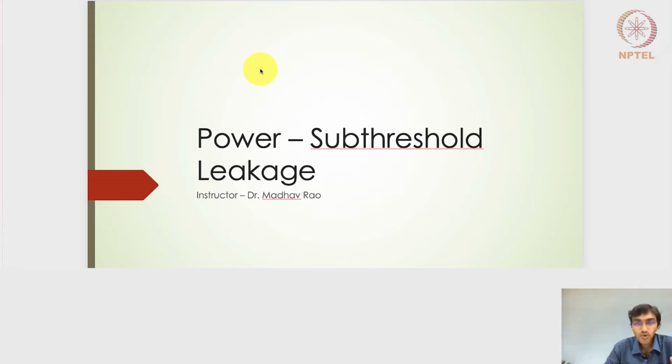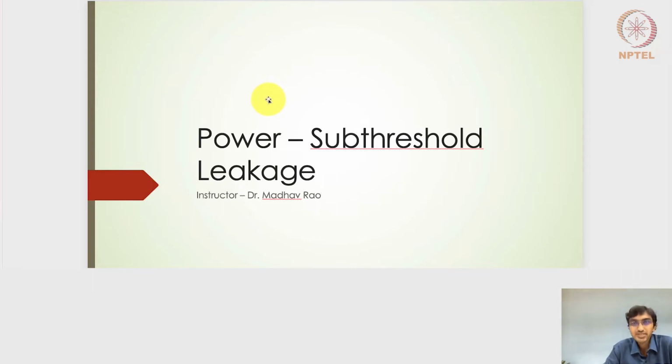There is one more, the leakage current flowing from the gate to the body, or gate to the source side. That is also called the gate leakage current. So there are basically three aspects of the leakage current, and once we have the leakage current, there will be a voltage drop across the transistor. Current multiplied by the voltage gives us power, and this power associated with all three components of the leakage currents is termed the static power.